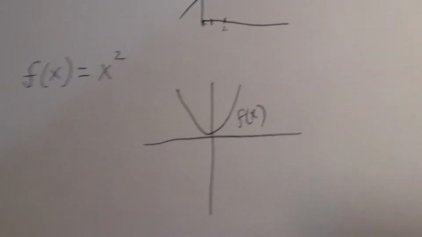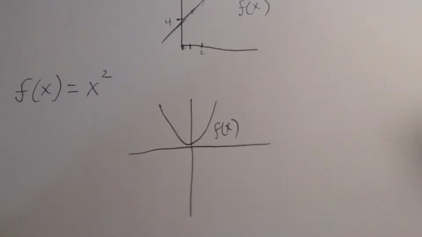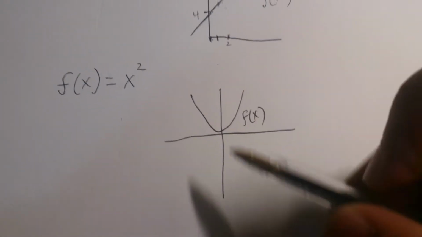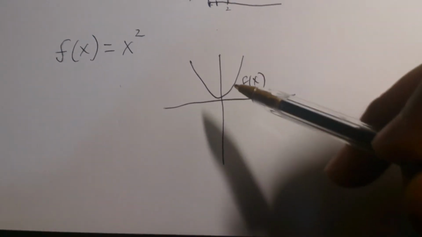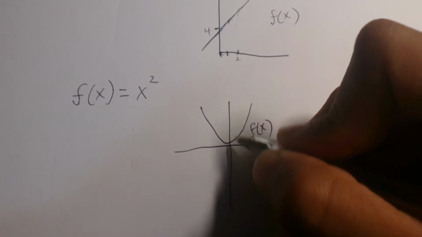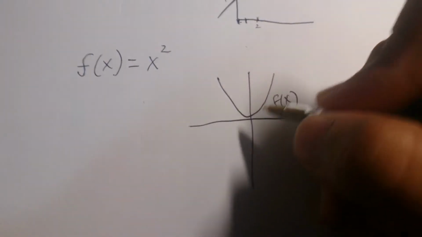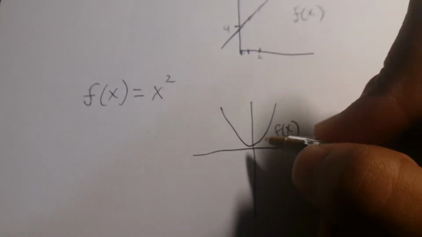It's pretty badly drawn, I apologize for that, but this is the general form of what f of x would look like in this case. So, how about we see how y changes with respect to x with this function?